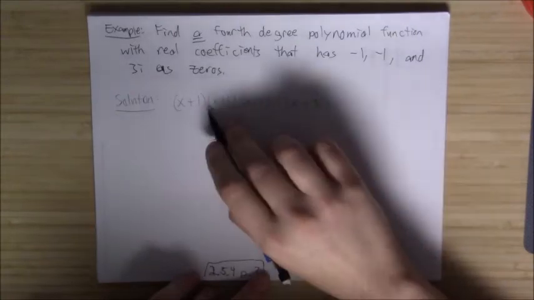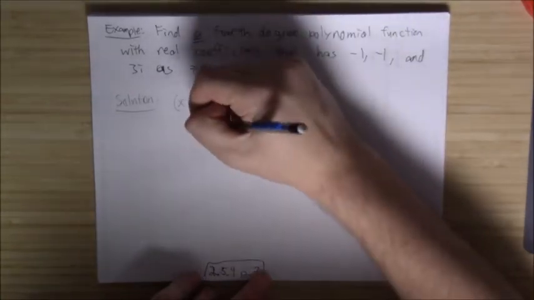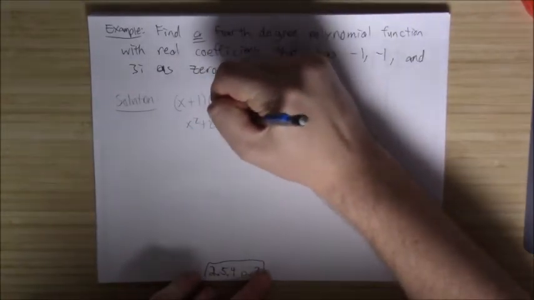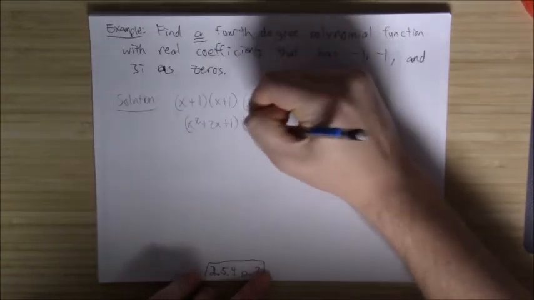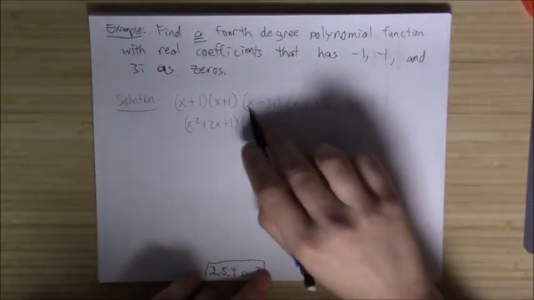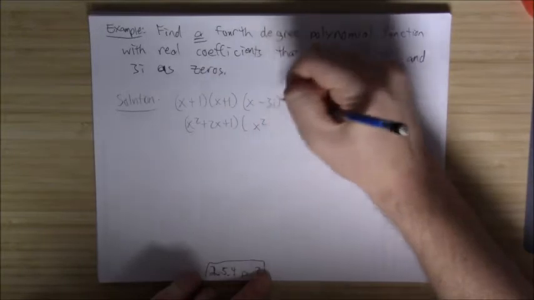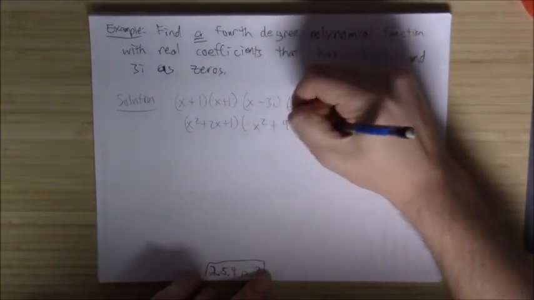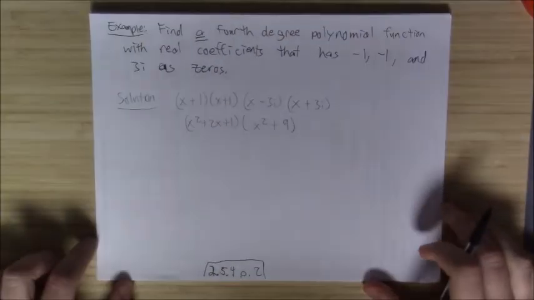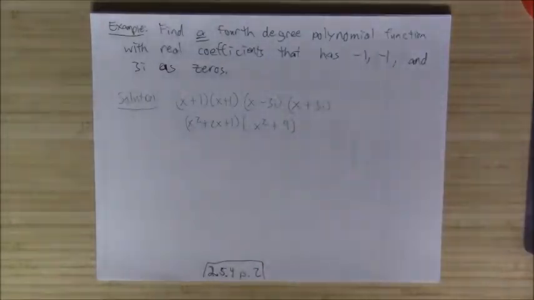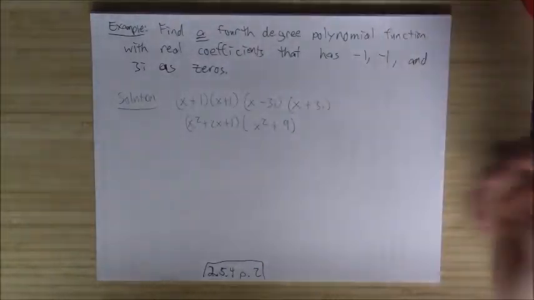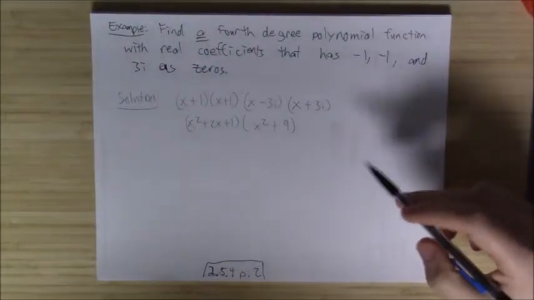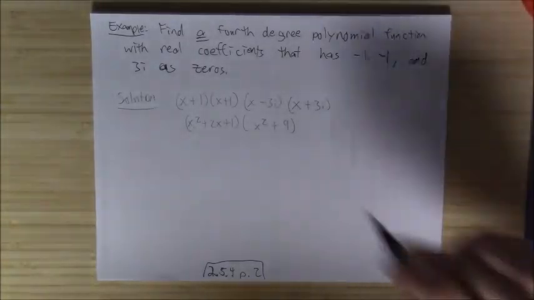So putting these two together, we would have x squared plus 2x plus 1. Putting these two together, we would have x squared plus 9. If you FOIL that out, you can see that, but it's not too hard to see based on talk about complex conjugates and such that we've done in the past.